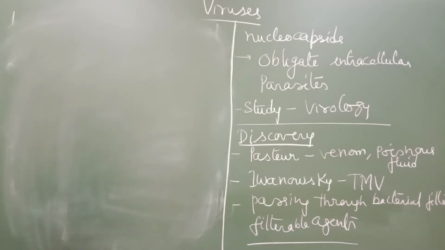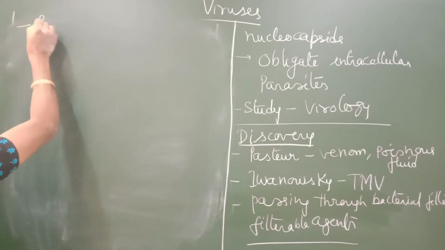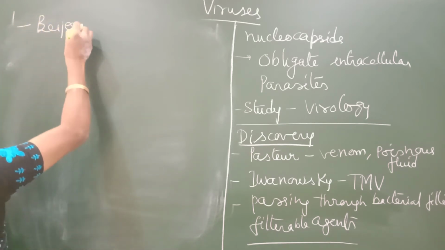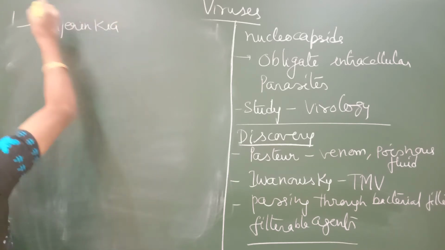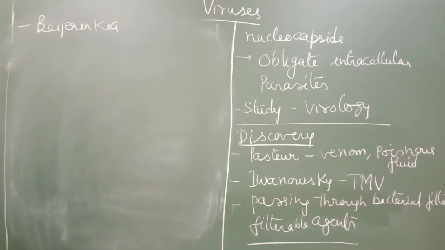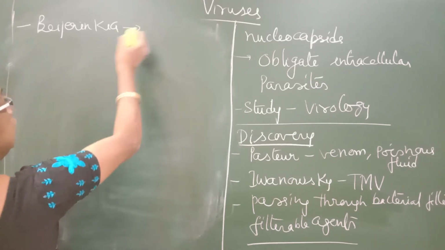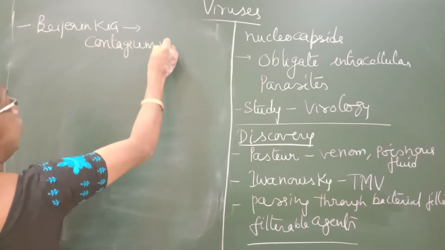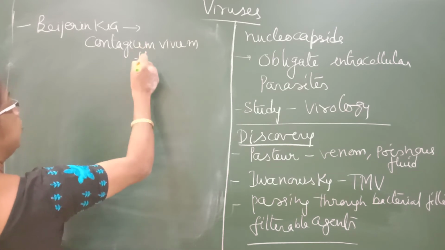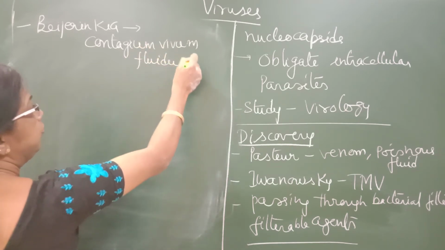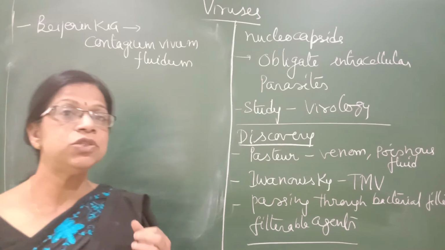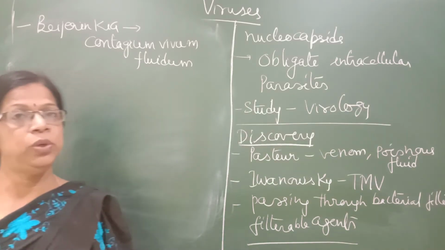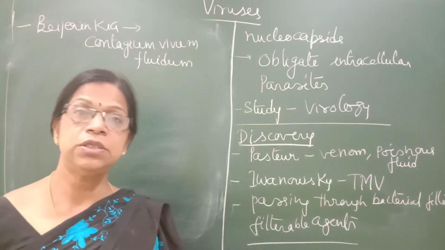Next, after Ivanovsky, the next study was done by the scientist Beijerinck. Beijerinck called the viruses contagium vivum fluidum, which means a living infectious fluid.